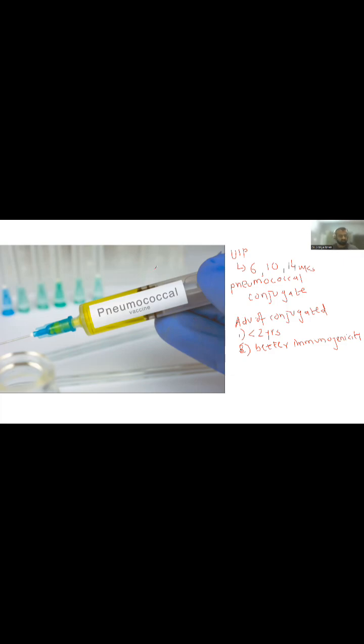The dosing of the conjugate vaccine is a 3-dose schedule at 0, 1, and 6 months, like today, tomorrow, and 6 months, if you have not given it according to the 6, 10, 14 weeks protocol.